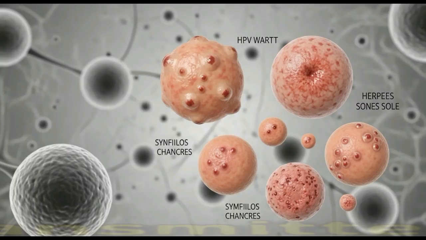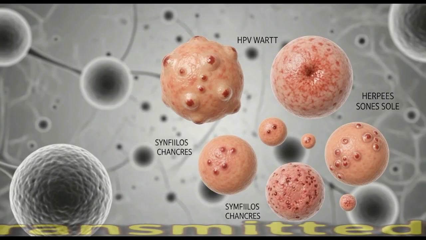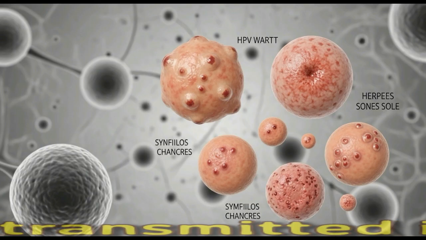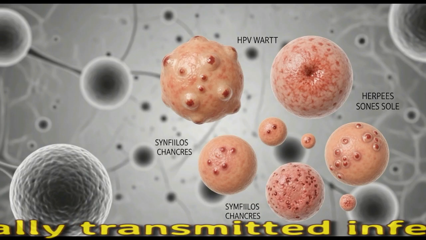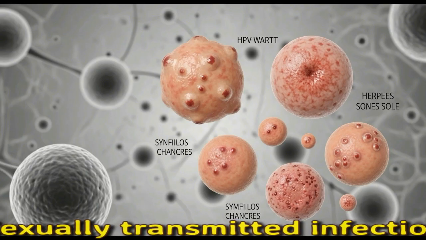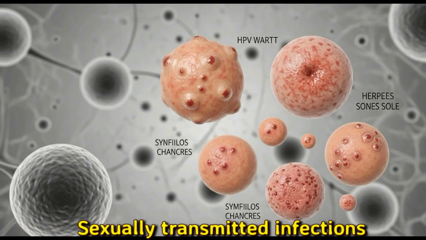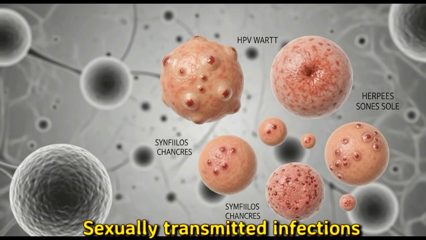Sexually transmitted infections. A person can acquire a sexually transmitted infection if they have sexual contact with someone else with an infection. Sexually transmitted infections such as gonorrhea, syphilis, genital herpes, and HIV can cause swollen lymph nodes in the groin.